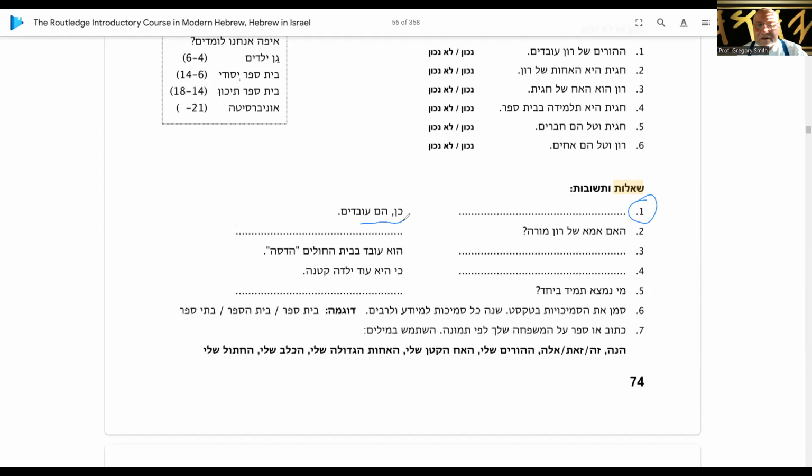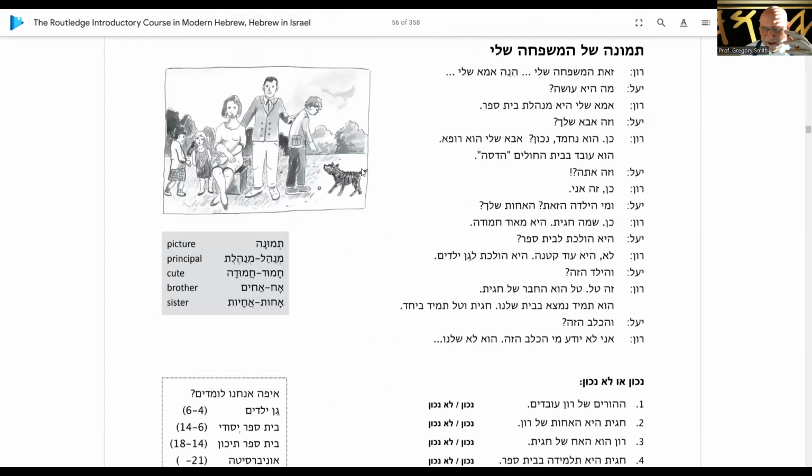It looks like they give us the teshuvot, the answer, so we've got to figure out what the question is. The answer is Ken, hem ovdim. Yes, they are working. It looks to me like these exercises are following the same pattern based upon this story here.